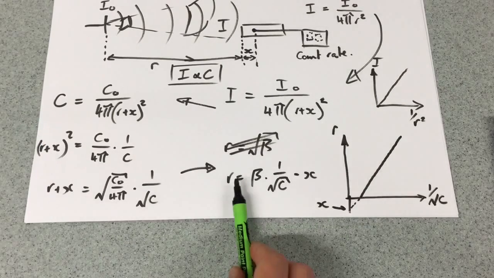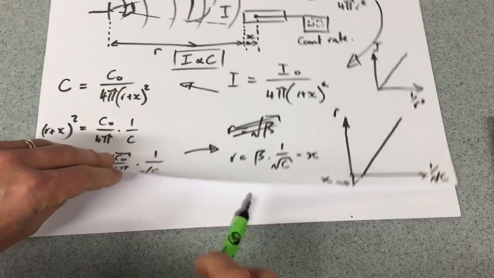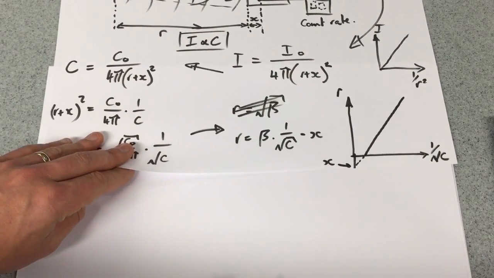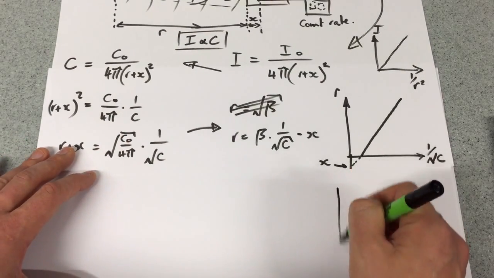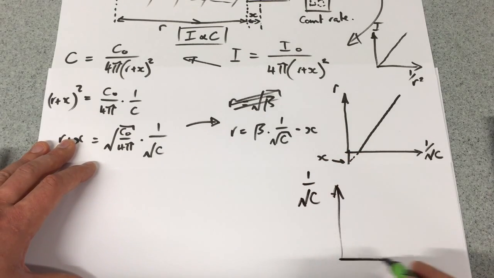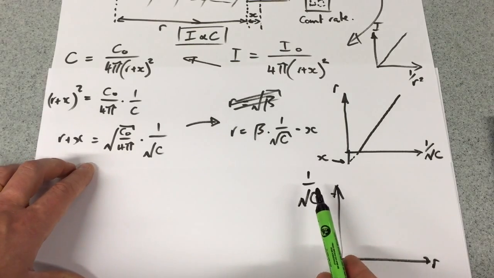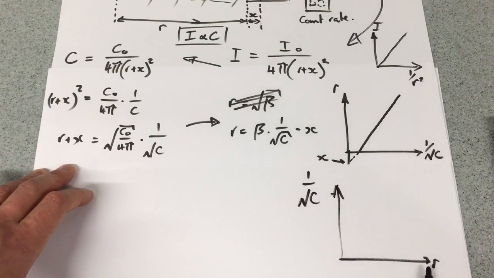Okay, now there's different ways we can rearrange this. If we wanted to, we could rearrange it in such a way that we plotted 1 over the root of the count rate against distance r, which might be better because you can say that this is your independent variable.